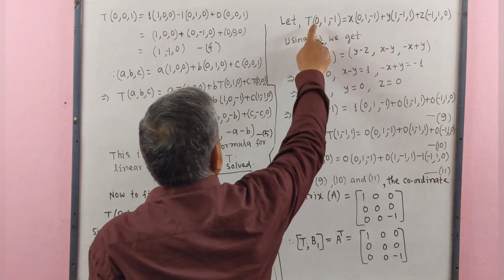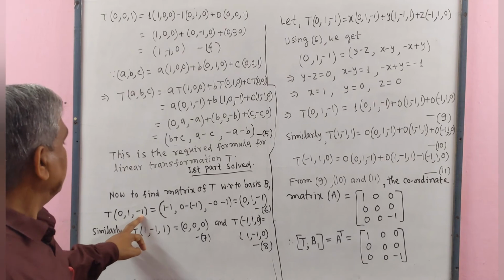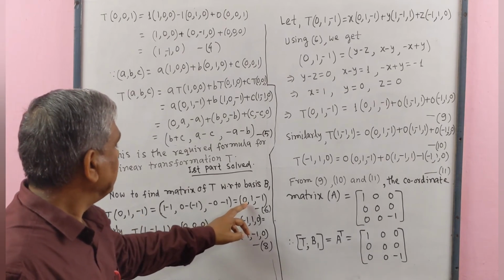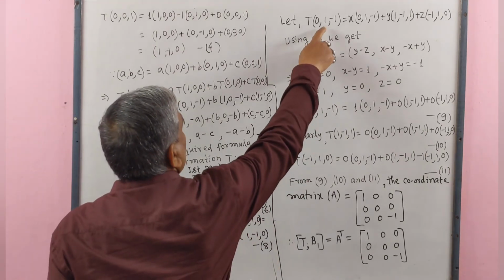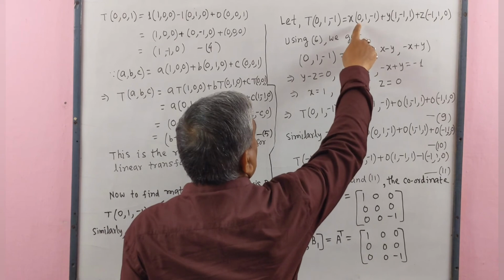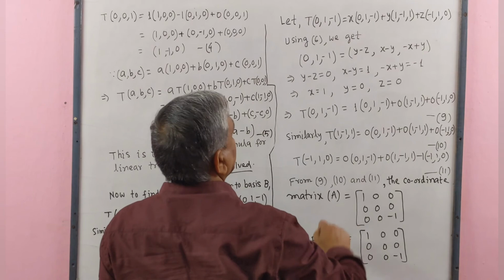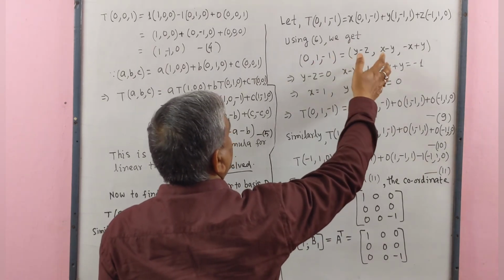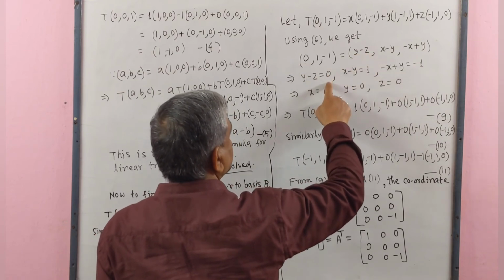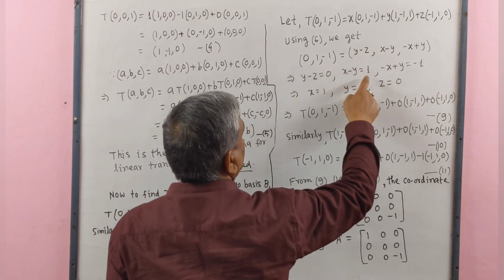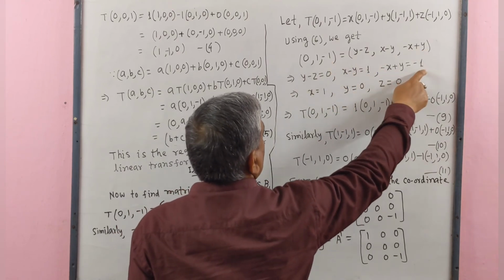Since T(0, 1, -1) equals the ordered triplet (0, 1, -1) from 6, we put this, and after calculation the right side becomes this ordered triplet. Equating both sides: y minus z equals 0, x minus y equals 1, and minus x plus y equals -1.